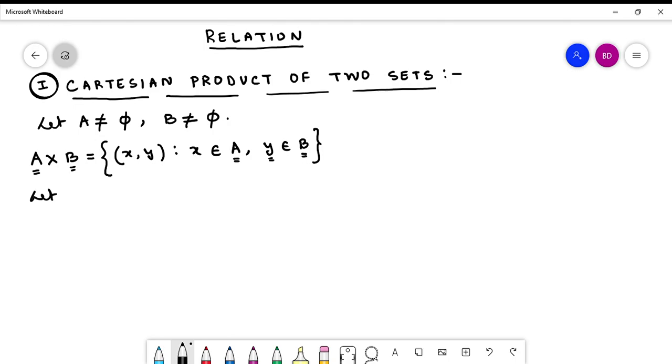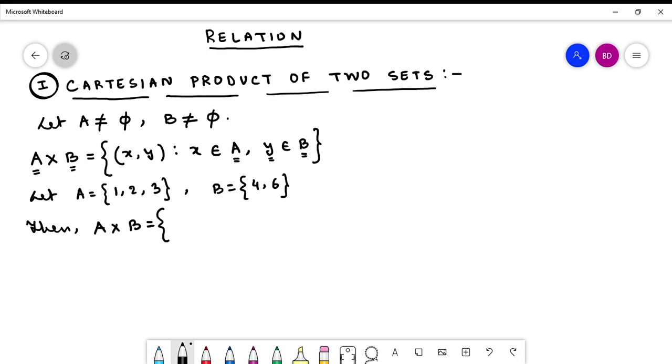Suppose A has elements say 1, 2 and 3, and B has suppose 4 and 6. Then the Cartesian product of A cross B will be all those ordered pairs such that the first element comes from A and the second element comes from B. So first let us choose the first element of A, 1.